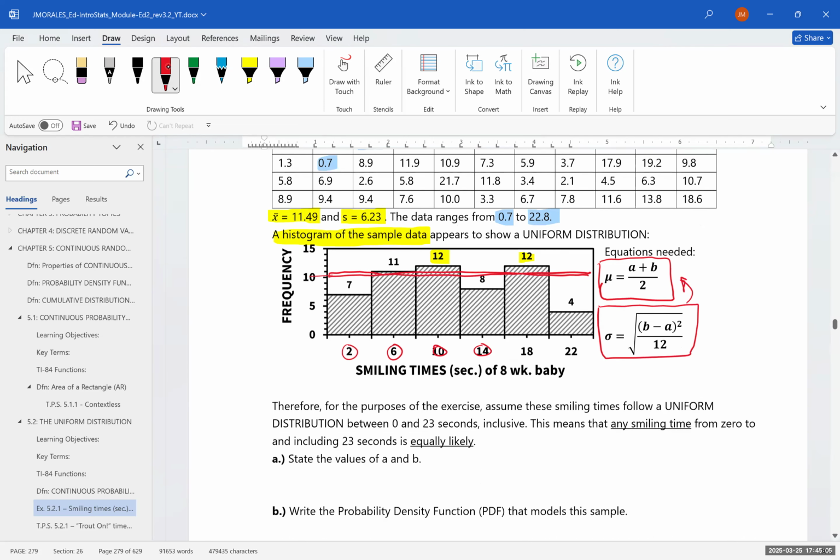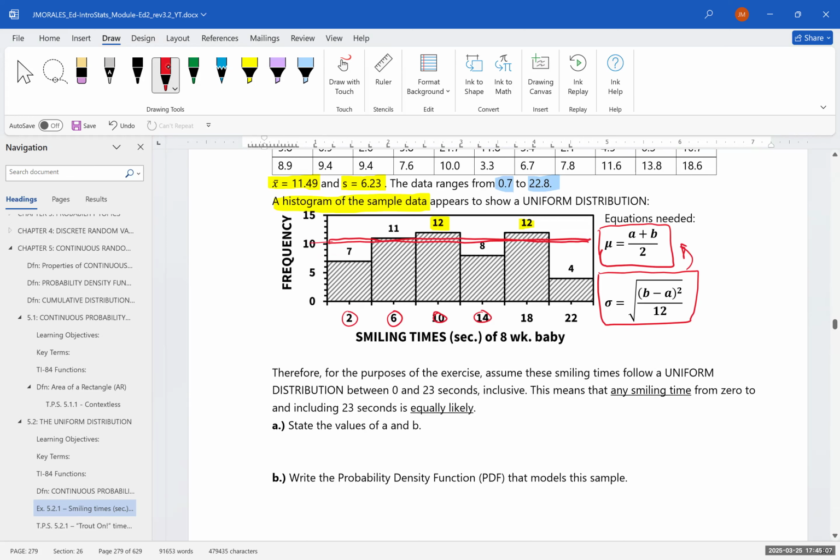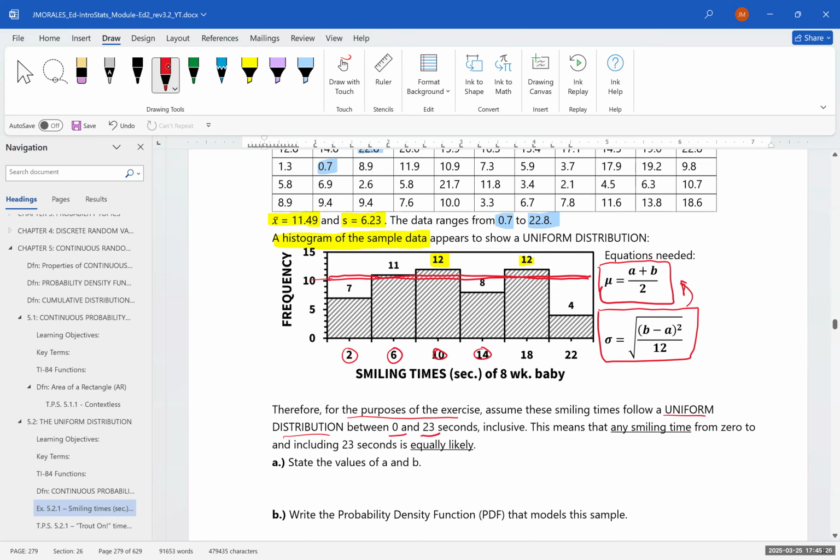Okay, so let's first look at the different components here. In this histogram, for the purposes of this exercise, we're going to assume that the smiling times are uniform and that they're between 0 and 23 seconds. Here I noted that the minimum value is 0.7.